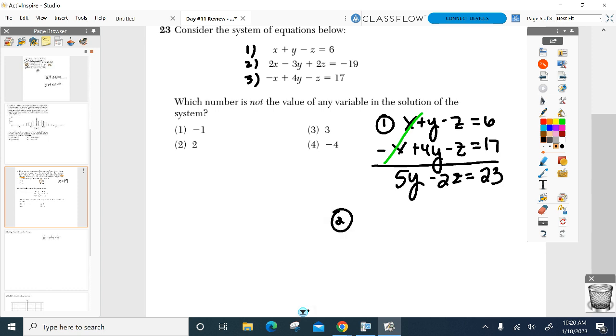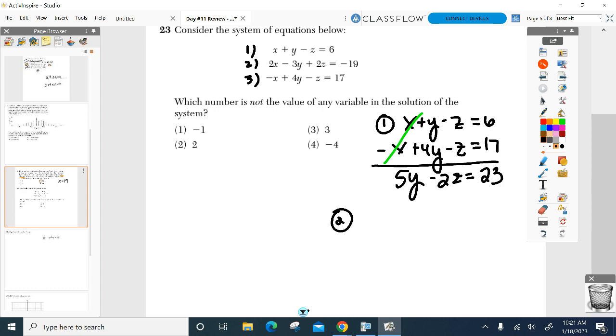Now we have to pick 2 more equations, 2 different ones than we just picked. And now you have to eliminate the same variable you just eliminated, which is x for us. So I'm going to make it a class decision here. Which 2 do you want to put together now? There's no wrong answer here. You want to pick 2 and 3?